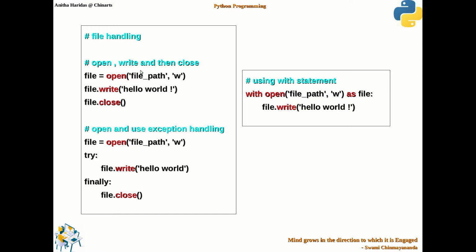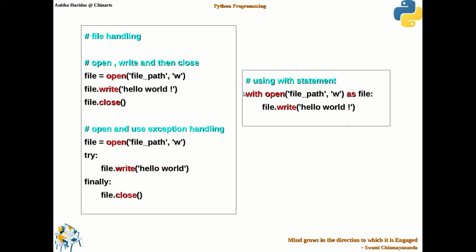What you do, you open it and you assign it to a file pointer, or you call it a file descriptor, or you call it a file object. So here you open the file and you can say as file. So whenever you are opening, this file will be referred to with this particular file object. Then you perform the operation like file dot write and the content.